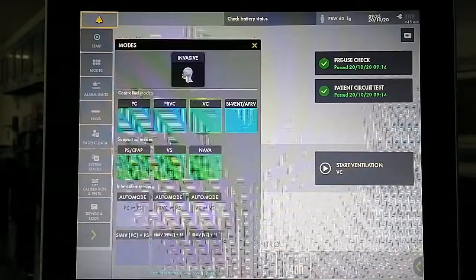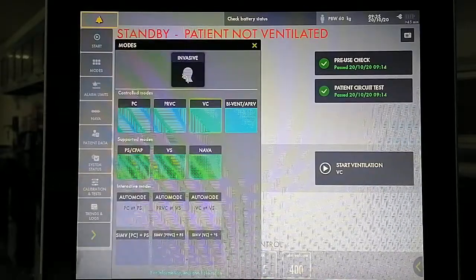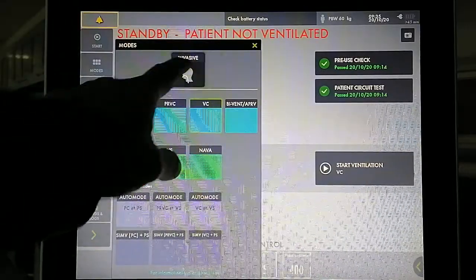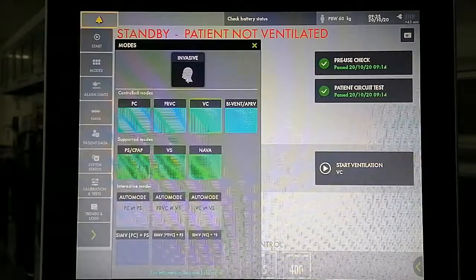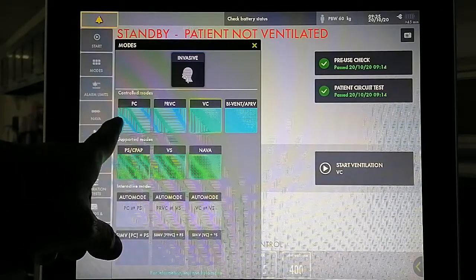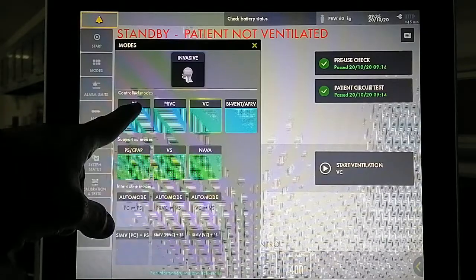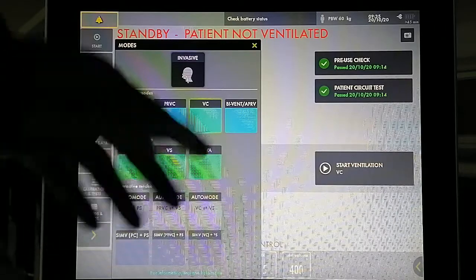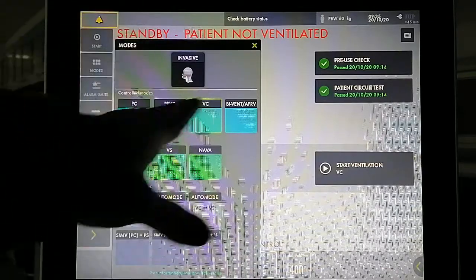You press modes of ventilation, and from here you can again choose invasive or non-invasive, and then you have the controlled modes, which provide mandatory breaths, either triggered by the ventilator or triggered by the patient.